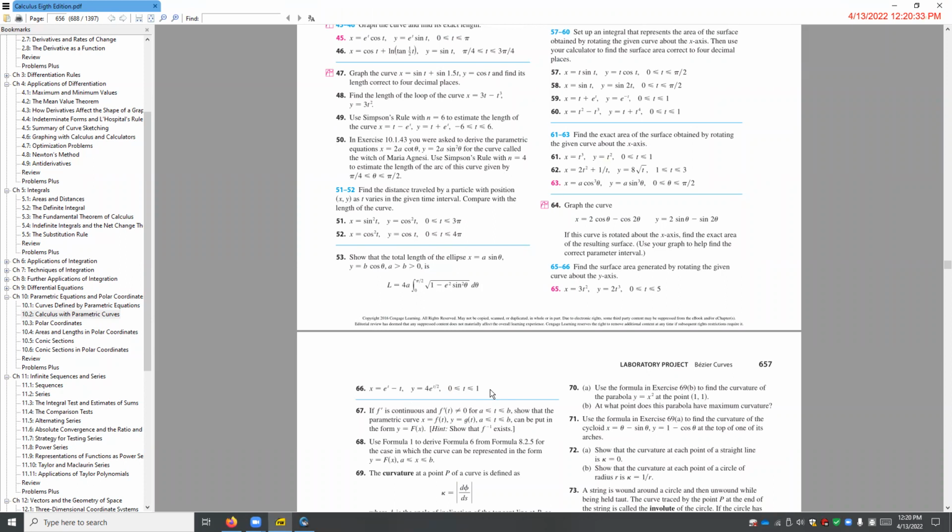Let me just write this down. Find the surface area for x of t equals e to the t minus t, y of t equals 4e to the t over 2, where 0 is less than t less than 1, about the y-axis.